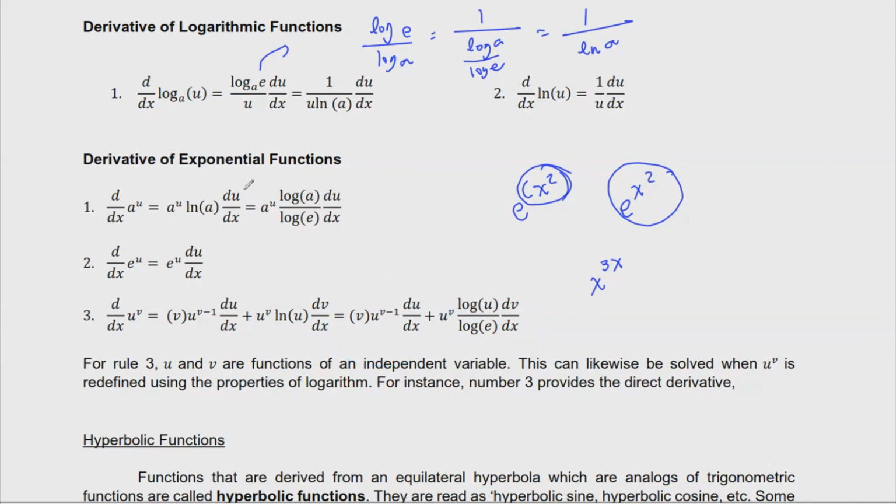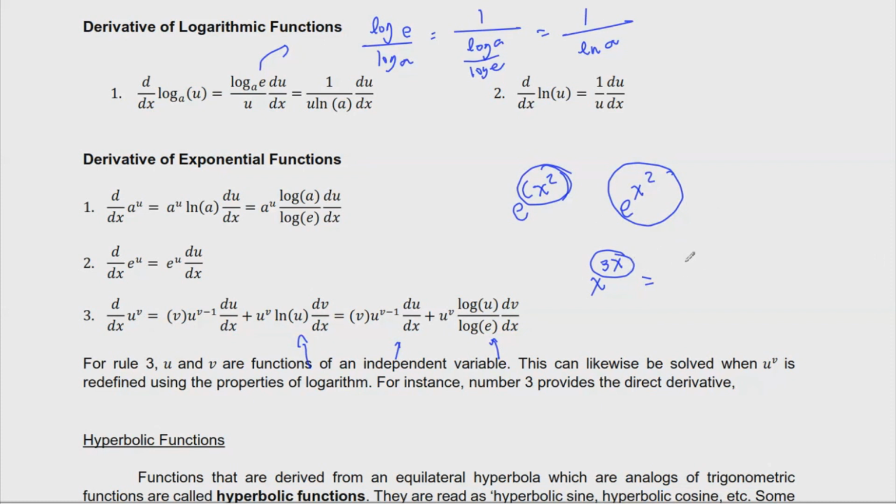So, for cases like this, when you have an independent variable raised to an independent variable, all you have to do is remember that this is a combination of the power rule and the exponential rule. Let's use this one. If this is the power rule, I'll be treating this first as a constant.